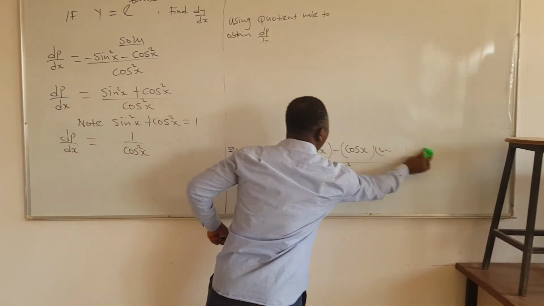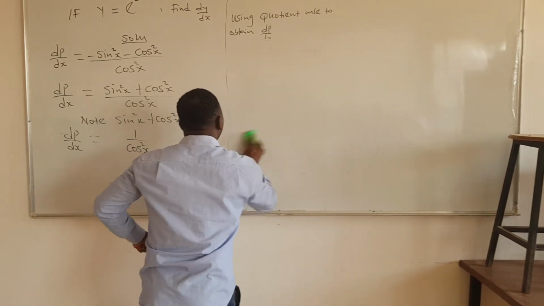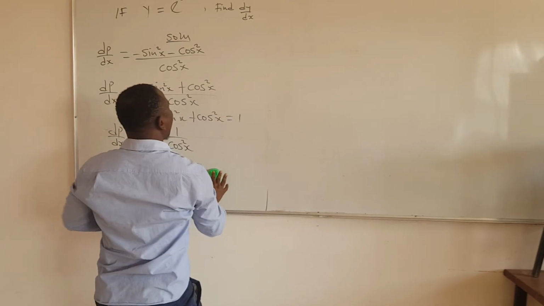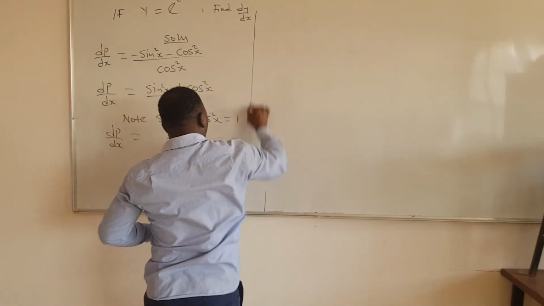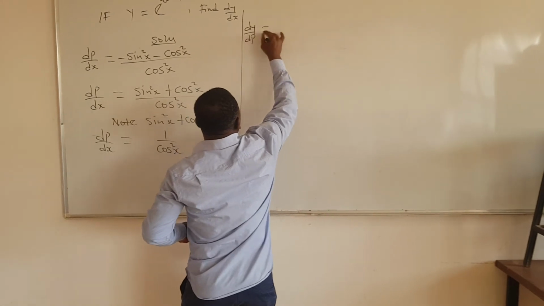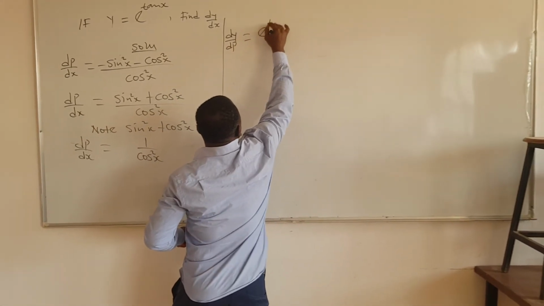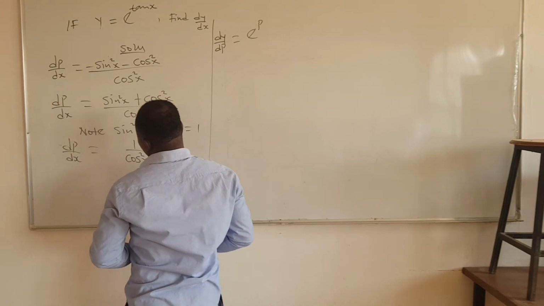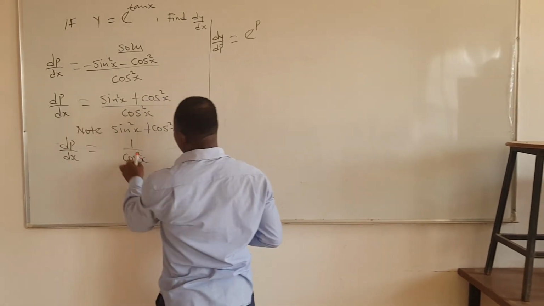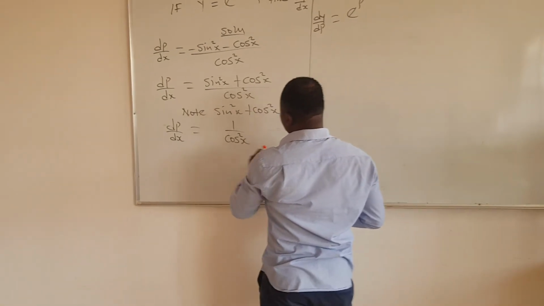So now we can introduce our chain rule. Recall that our dy all over dp gives us what? Exponential p. Then our dp all over dx gives us 1 all over cos squared x.